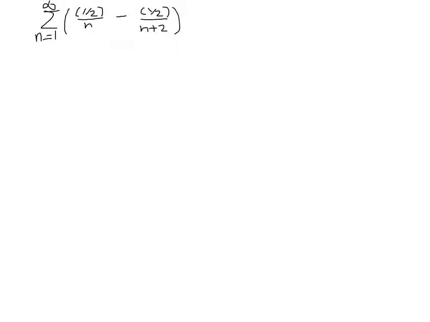So before we try to find the exact value of this sum, let's factor out that 1/2. So we'll have 1/2 times the sum from n equals 1 to infinity of 1 over n minus 1 over n plus 2. So let's find an expression for the nth partial sum.